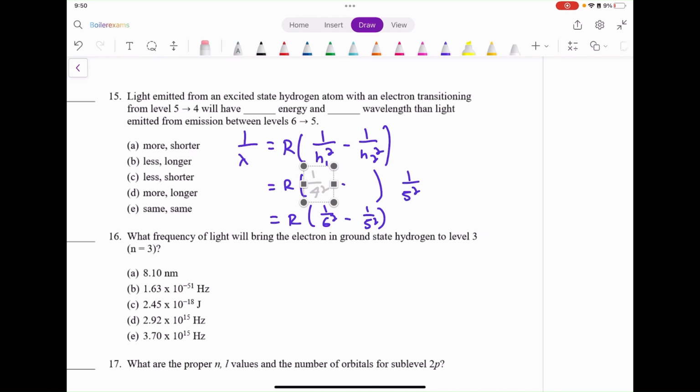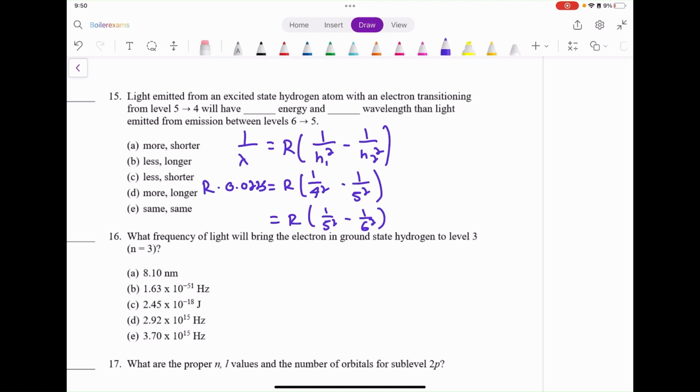So that's how I knew I put these on the wrong side. I get these mixed up a lot. You want the lower energy level on the left. I feel like I say that wrong a lot. Okay, anyways. This is going to give me 0.0225 R, R times that number, if that makes sense, what I just did there.